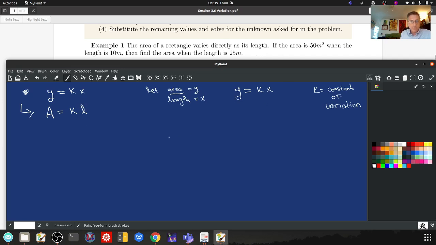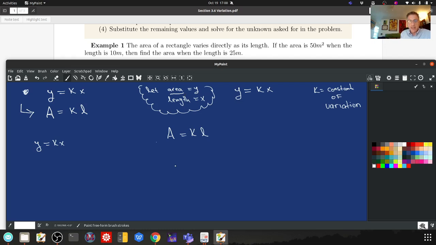So that's our major formula. So let's just do A is equal to k times L. Or if you're more comfortable, do y is equal to k times x with this guide up here.